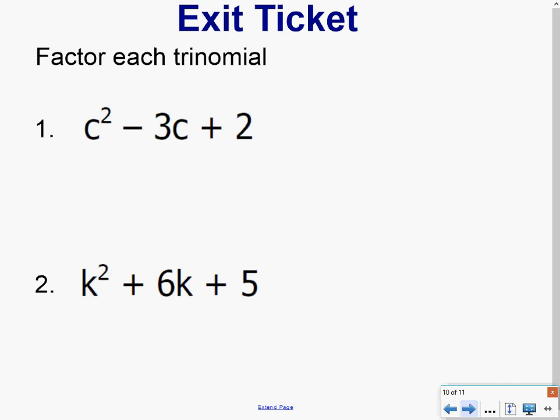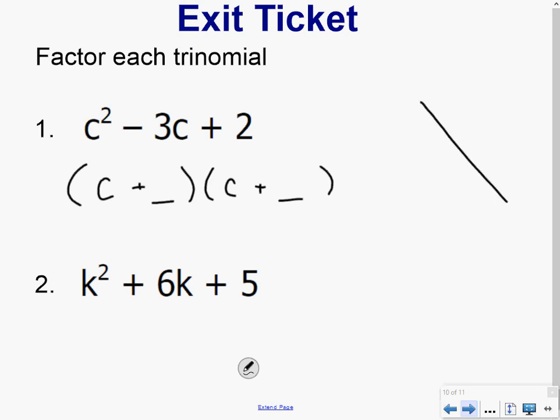All right, so for the first one, we need two numbers that multiply to a positive 2 and add to a negative 3. This one's a little tricky.